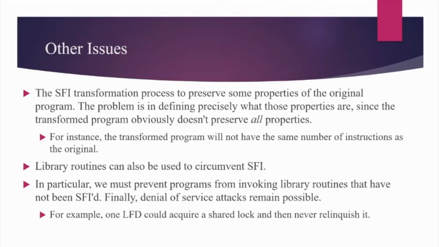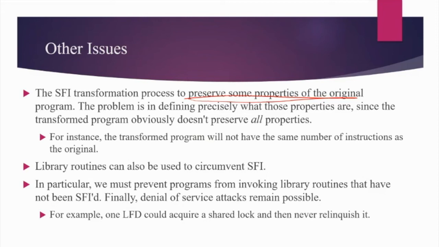What are the other issues? The other issues associated with SFI transformation arise when we are transforming untrusted code into safe code. Are we sure that we are preserving the properties of the original program, or are we changing the original program entirely? The problem is how to define whether we are preserving these properties or not.